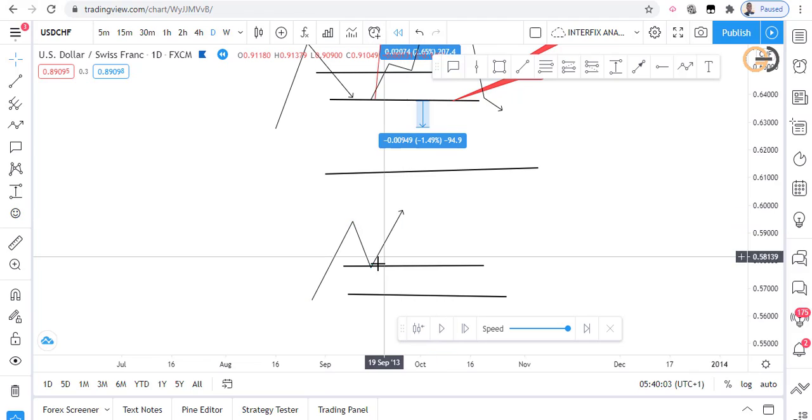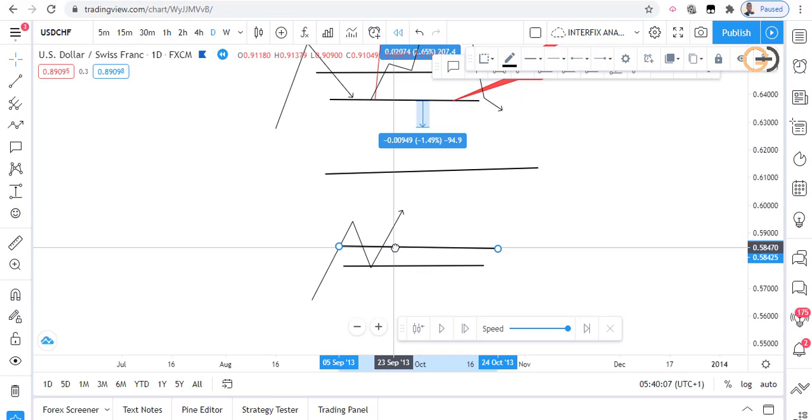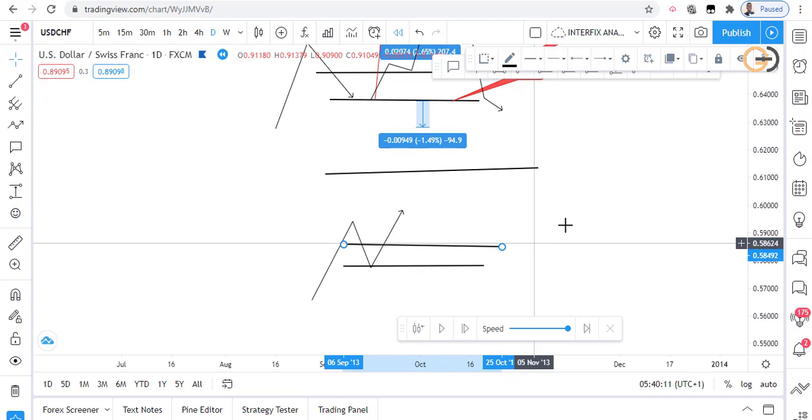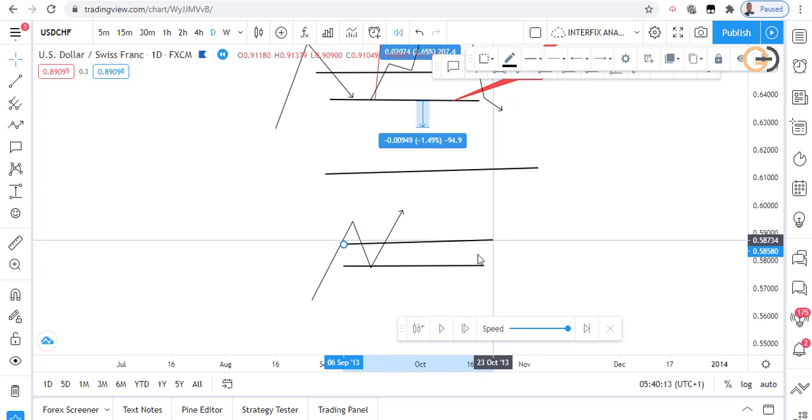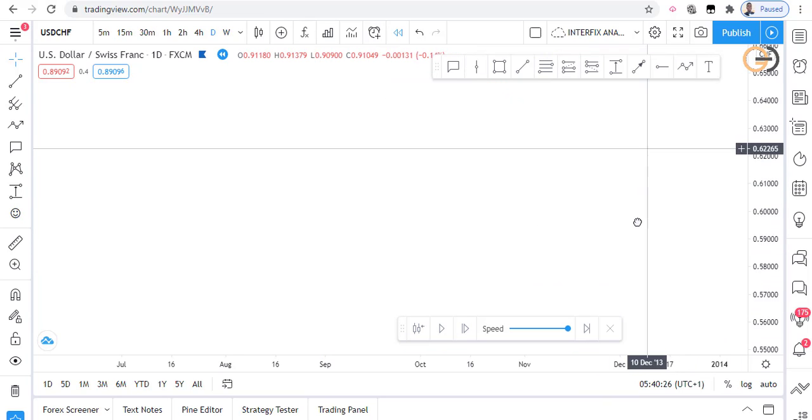Once the market moves away from this point, you take your stop loss and put it at least 10 pips into the market. So you secure the profits here and then allow the trade to run. So in case it turns back, you won't be at a loss. Okay? Alright, so let's go into a live market example.